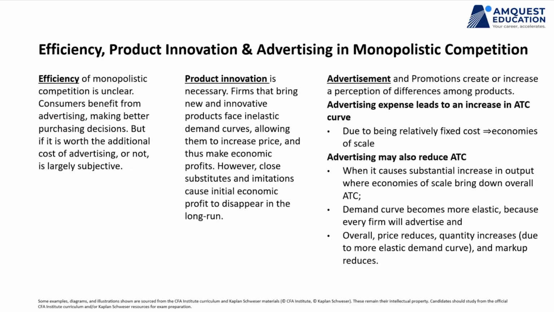Now quickly look at what are the key things in monopolistic competition in terms of product challenges. You have efficiency. Now under monopolistic competition, like mobile phones and so on, we're not really clear whether efficiency is really there or not, right? Consumers benefit from advertising. You'll probably see different banks, for example, you'll see Amitabh Bachchan, Deepika Padukone, Axis Bank and so on.